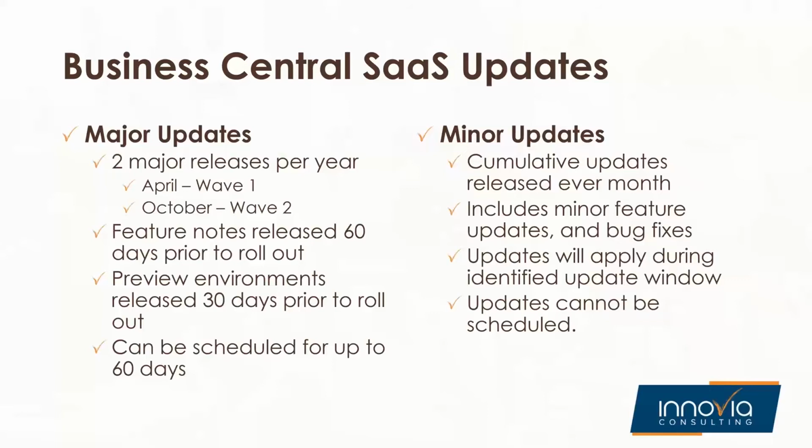They'll allow you to create preview sandboxes. So in your Business Central admin environment, you can create a sandbox that allows you to preview the next version of Business Central 30 days prior to rolling it out.